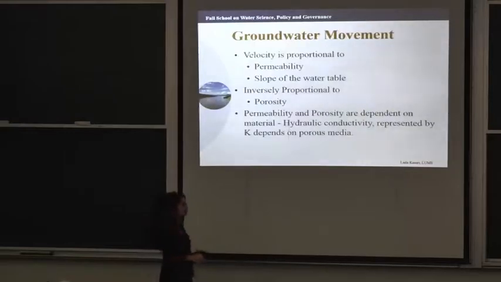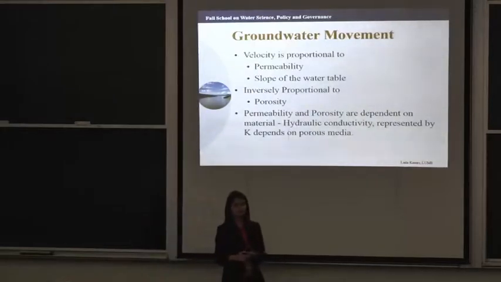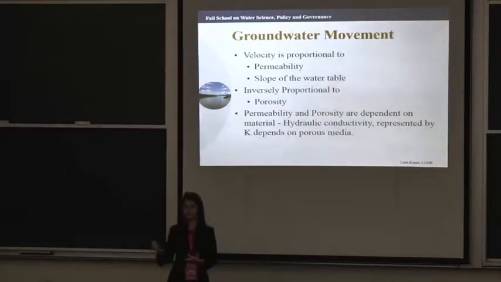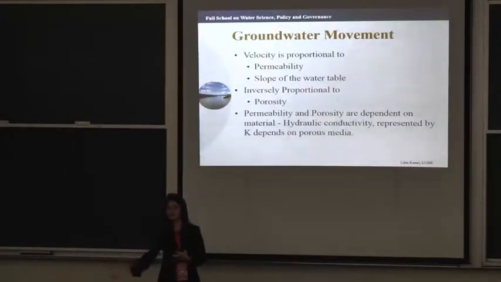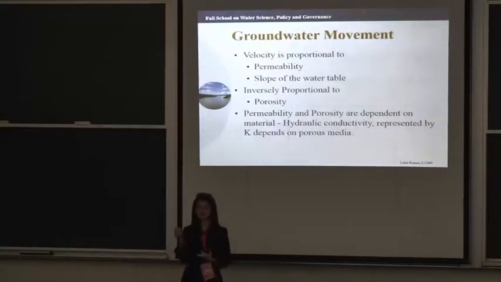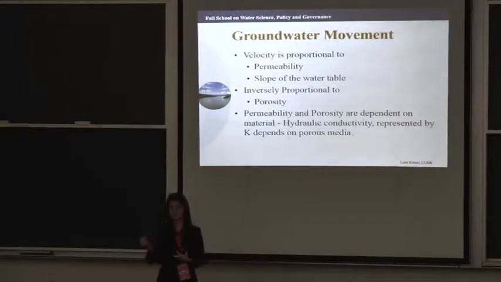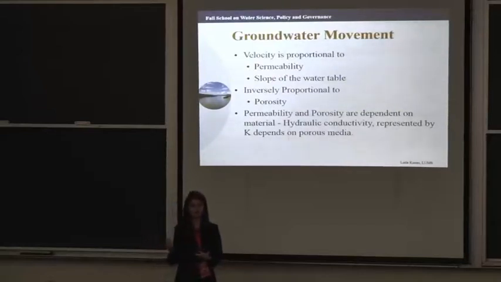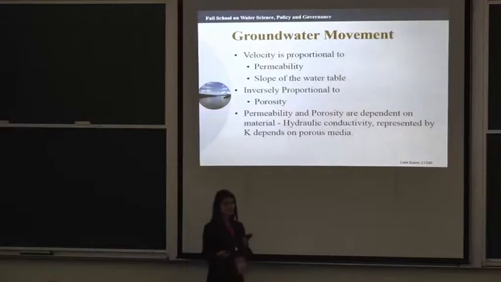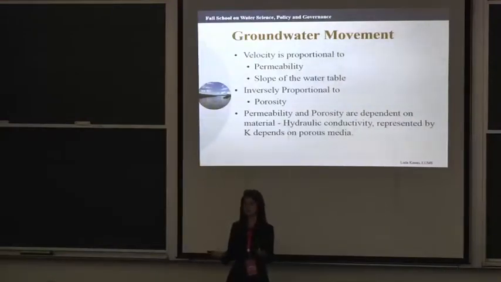K means hydraulic conductivity. When you do a model, there are some parameters you need. You need to know the water level, you need to know a lot of things, but one of the major things you need to know to determine groundwater flow is K. K is determined through experimentation and calibration, and it's completely dependent on the kind of media you have.